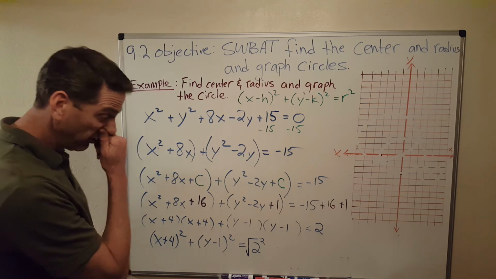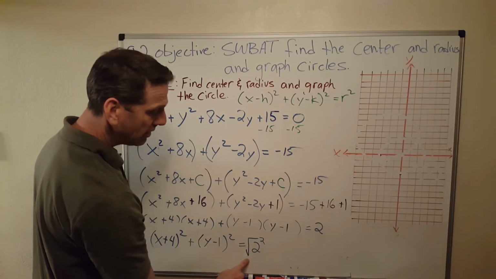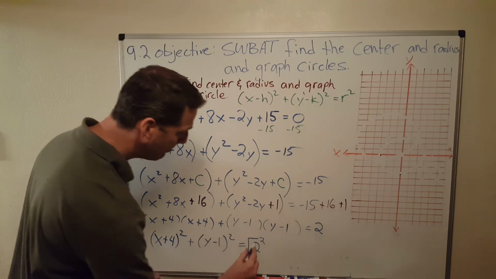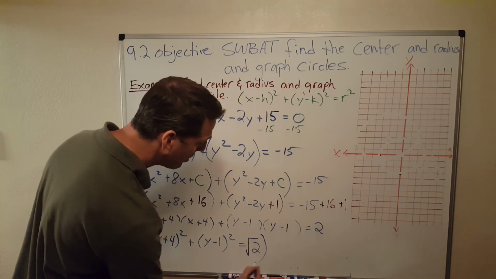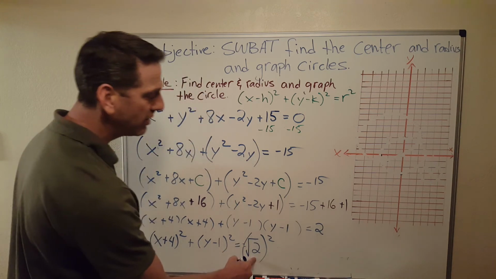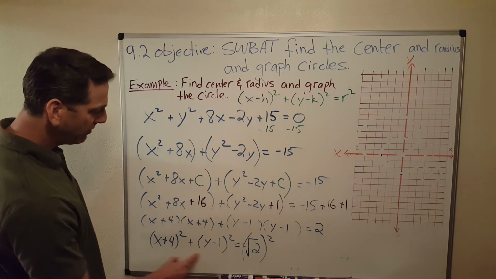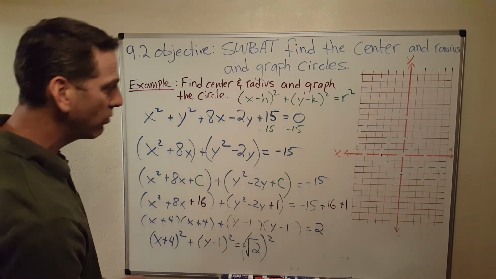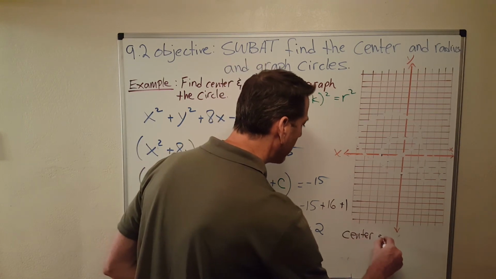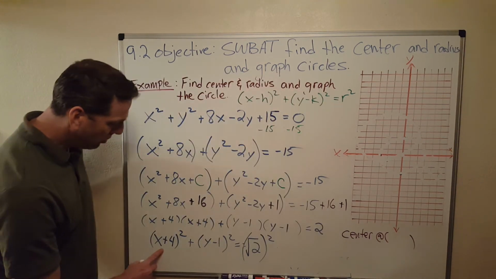So this means that my radius is the square root of 2. Okay, in fact, maybe it would help if I wrote it like this. All right, my radius is just the square root of 2. All right, so this tells me that my center is going to be located where? Well, what's my horizontal shift?